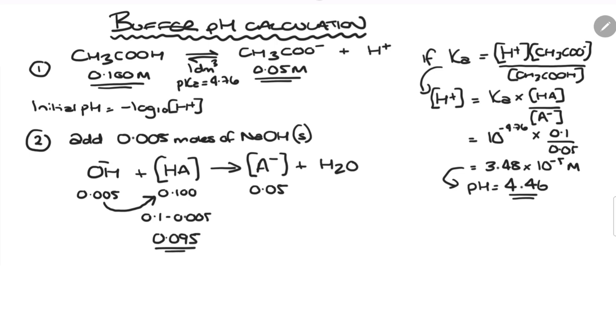So that's going to go down by 0.005, leaving us with 0.095 moles of HA, and subsequently 0.095 moles per litre, because the volume is 1 litre.